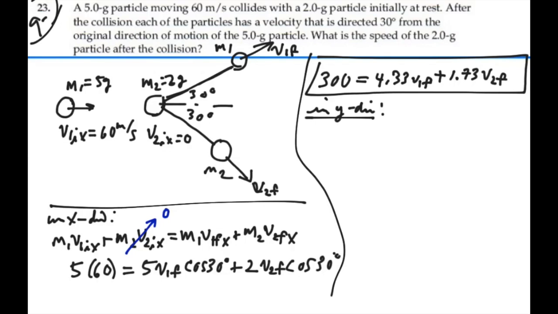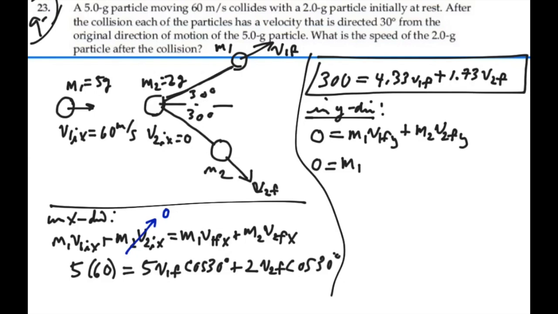In the y direction, we have no initial momentum, and afterwards we should also have no final momentum, but we have equal and opposite momentum by the two particles. So we have mass 1, v1 final in the y direction, plus mass 2, v2 final in the y direction. So we have 0 is equal to mass 1.